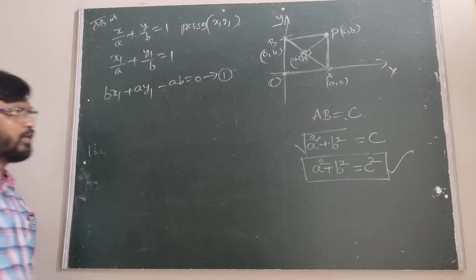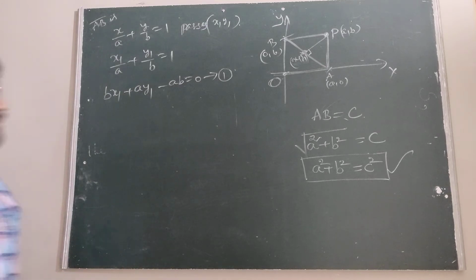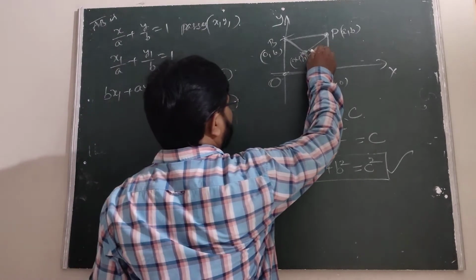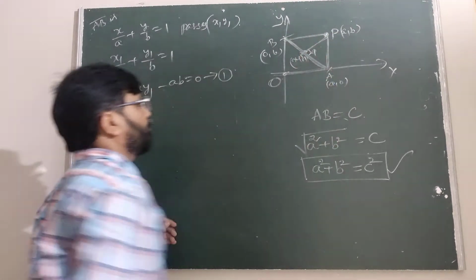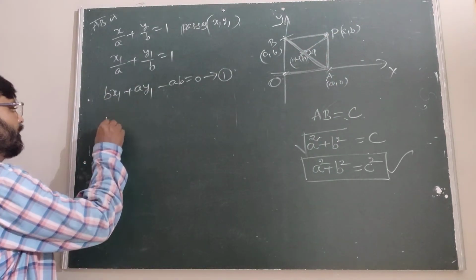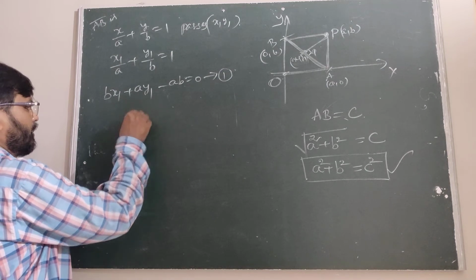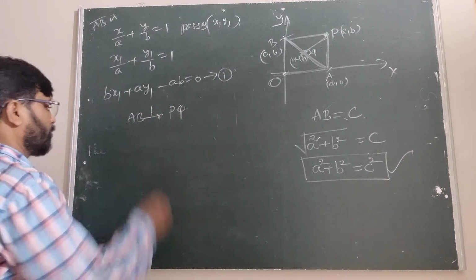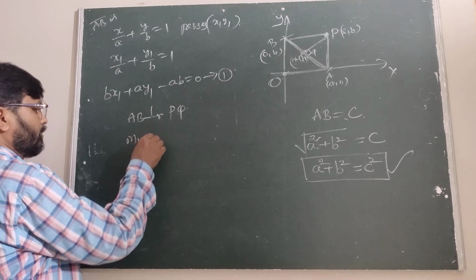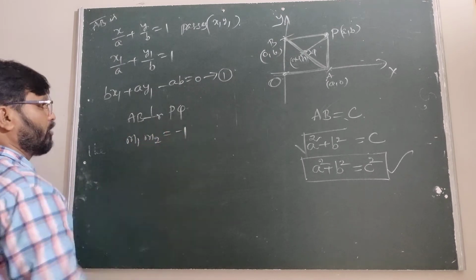Now AB is perpendicular to this one. We are taking some point Q. AB is perpendicular to PQ. Therefore the product of the slopes m1 into m2 equal to minus 1.